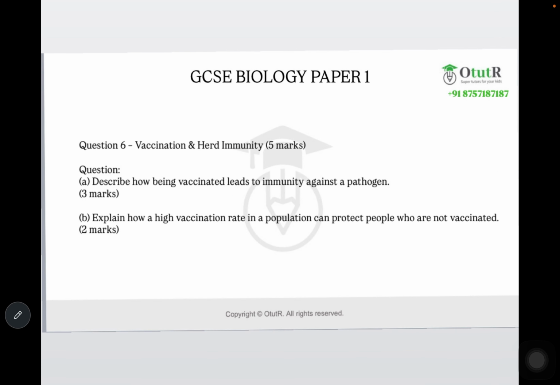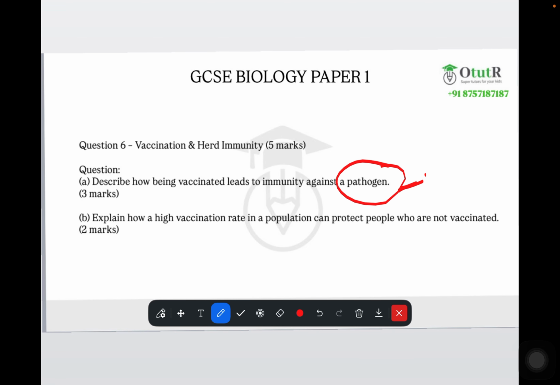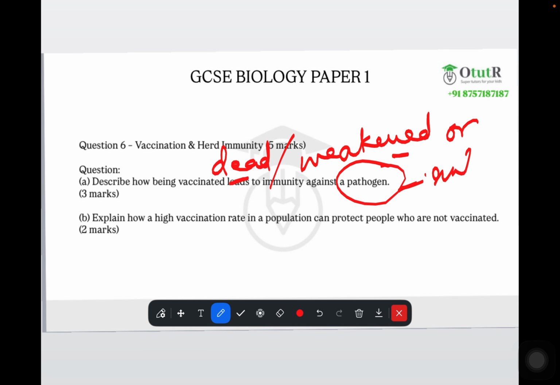Question 6 says, describe how being vaccinated leads to immunity against a pathogen. What is a pathogen? A disease-causing microorganism is a pathogen. Alright. Vaccines contain the dead or weakened pathogen. This is the key phrase, dead or weakened pathogen, or you can say the antigen. This is the first point.